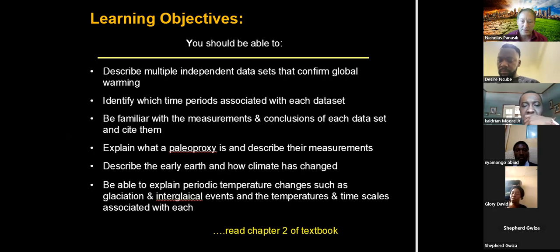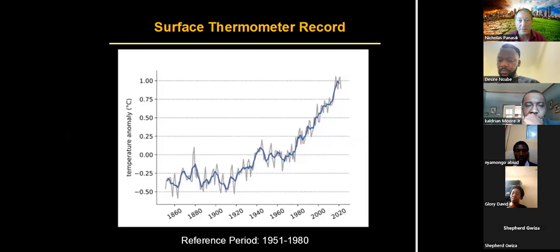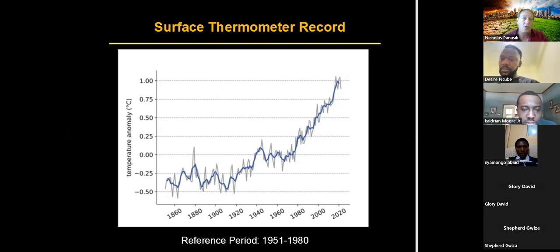So what we talked about last time was the surface thermometer record. This goes back, we've got good worldwide coverage all the way back to the 1850s. And we talked in lectures 1 and 2 about temperature anomalies and how by using temperature anomalies, we actually don't need as many thermometers around the world.